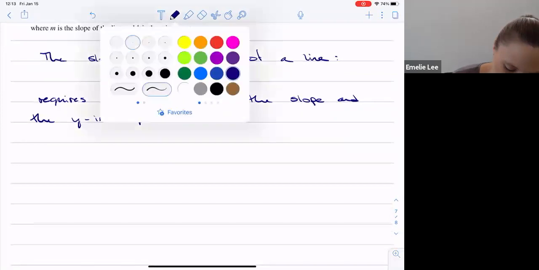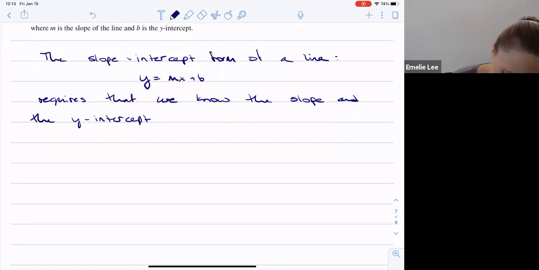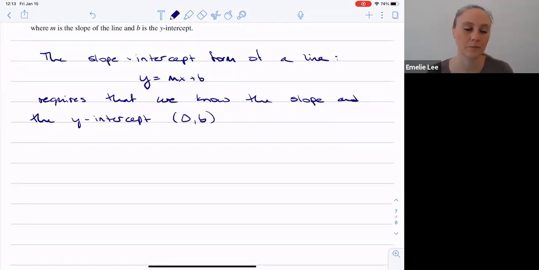The y-intercept is the point 0, b, where x is 0.